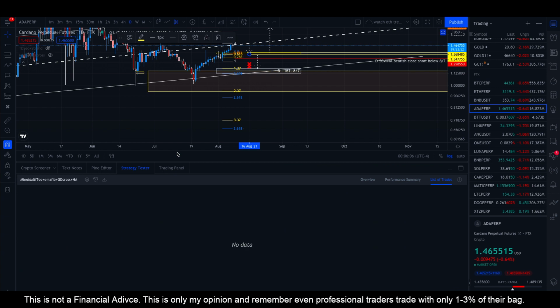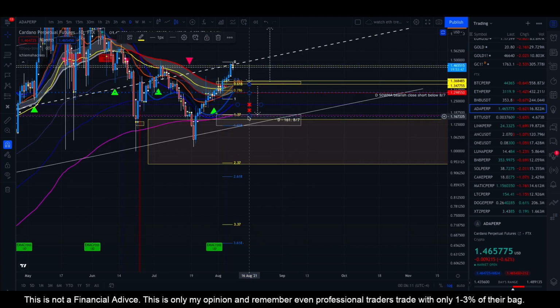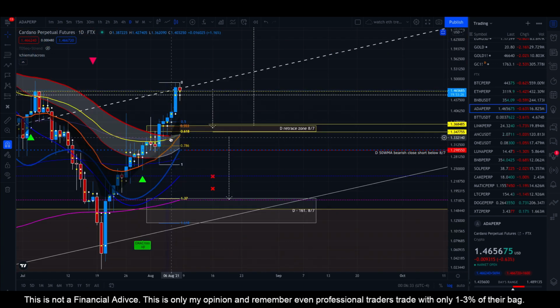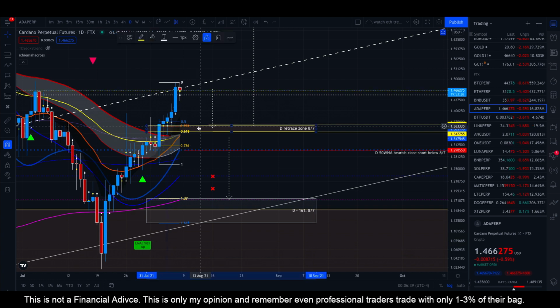let me turn on the EMAs. The purple line is the 200 EMA. The orange level is my 21 EMA, and my yellow is my 50 EMA. You can even see here that the 618, the yellow box that we drew, is very close to the 50 and the 21 EMA support lines.